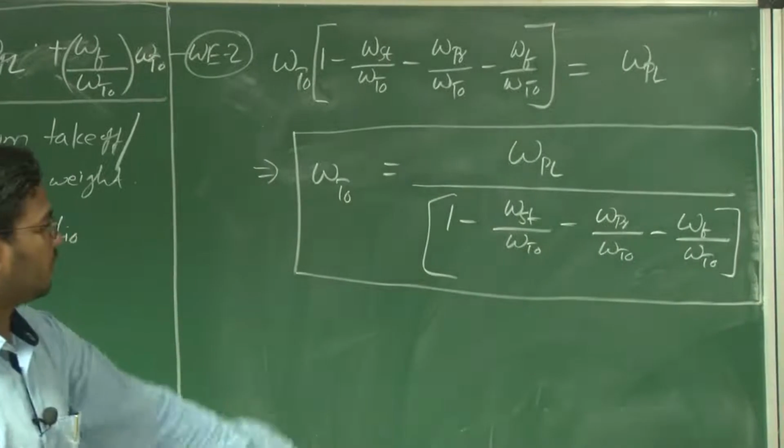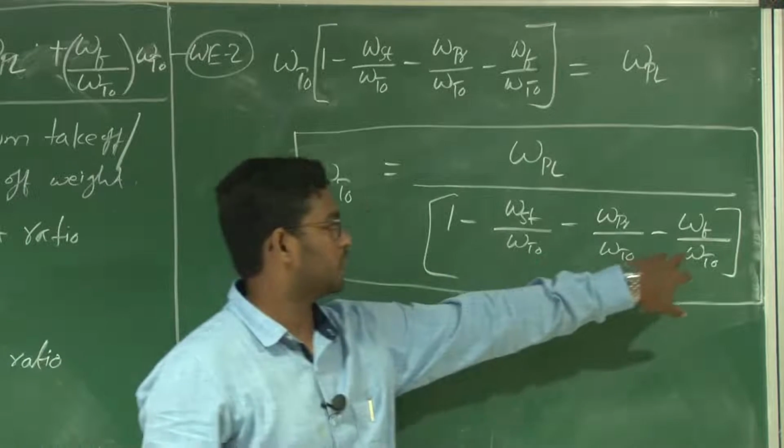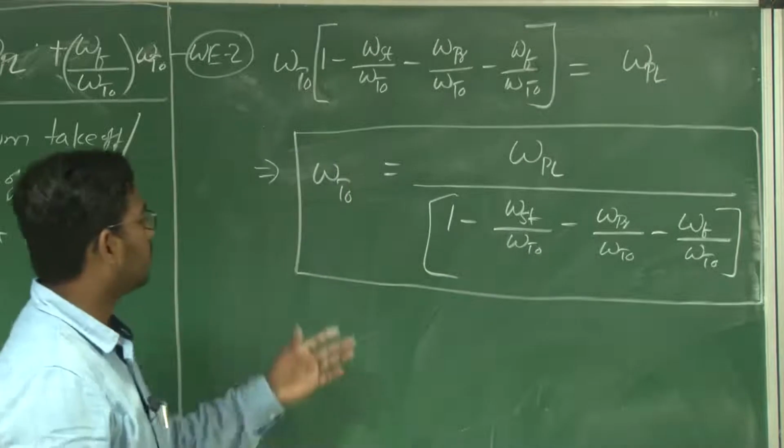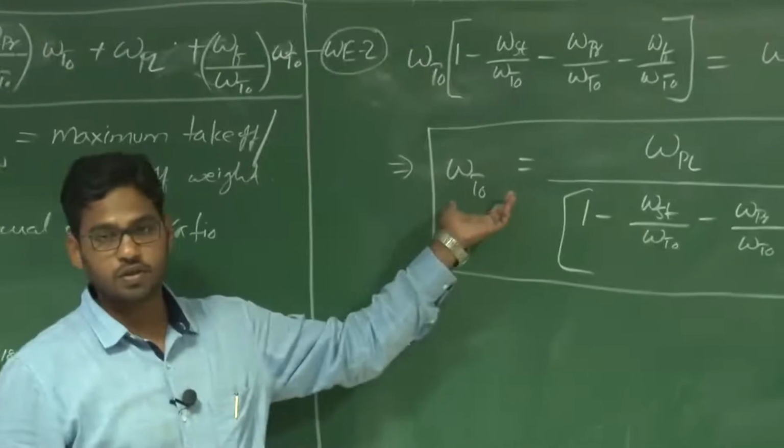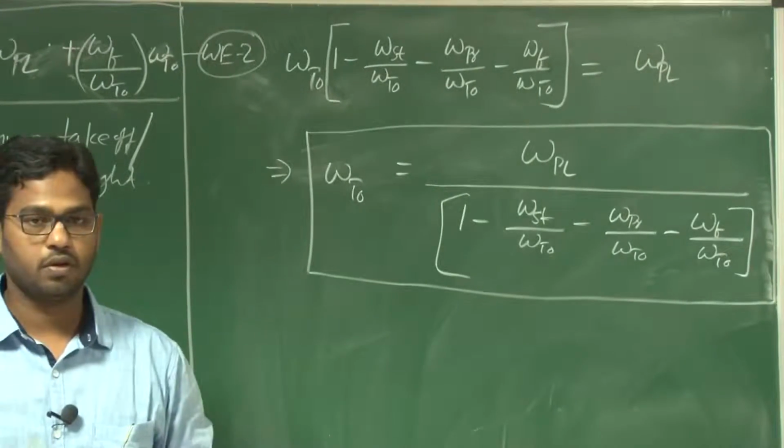So if you know these values, the structural weight ratio, propulsion weight ratio and fuel weight ratio, since payload will be given as an input, you will be able to figure out what is the overall takeoff weight. Right?